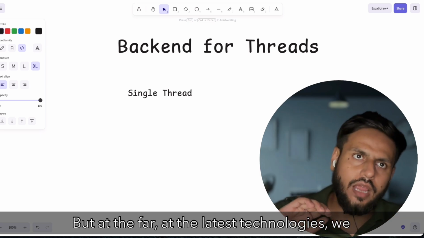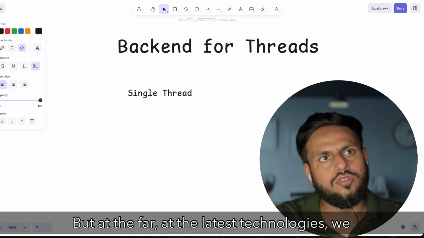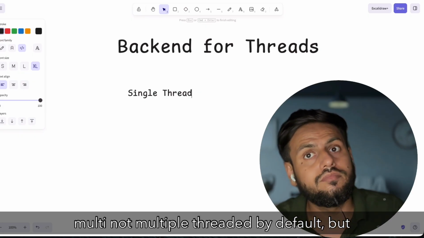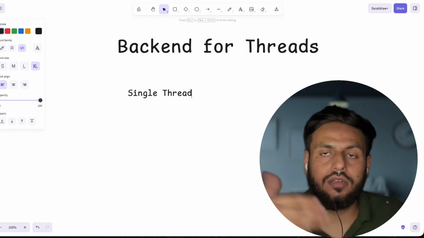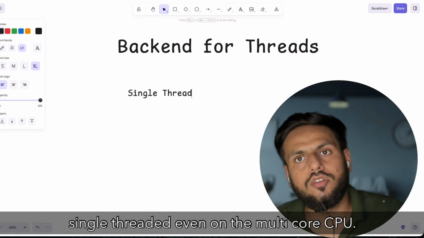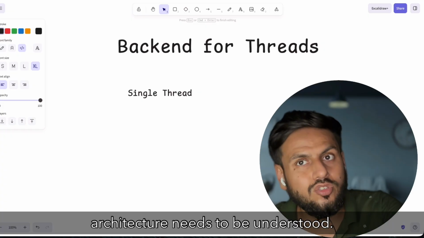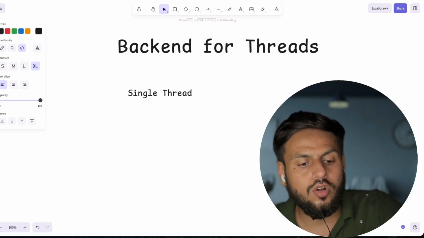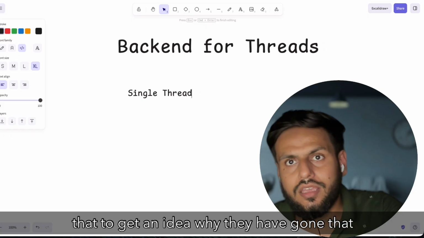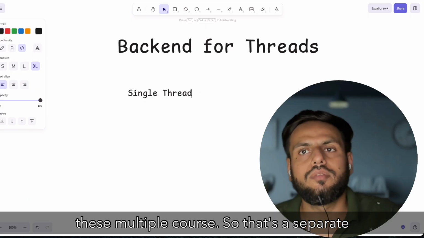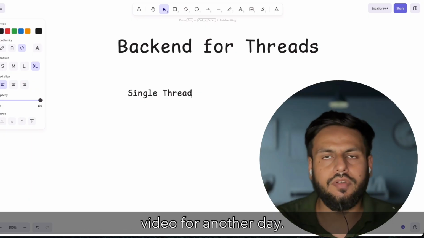But in the latest technologies, we also see Redis and Node.js. These are not multi-threaded by default, but single threaded, even on multi-core CPUs. That concept and architecture needs to be understood to get an idea why they have gone that way and why they are not utilizing these multiple cores. That's a separate video for another day.